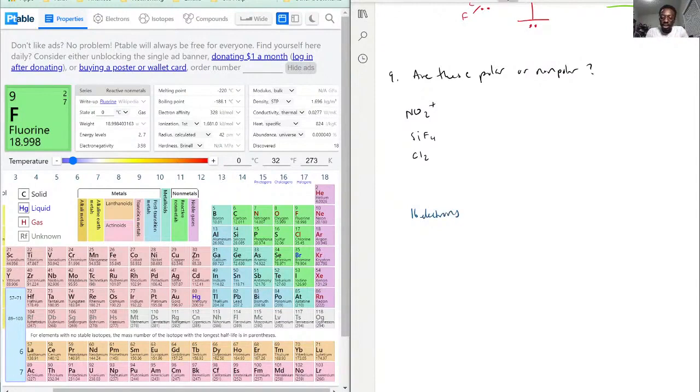Okay, so now I'm going to put nitrogen in the middle, surrounded by the oxygens. Nitrogen is sharing currently 2 of its 5, so 3, 4, 5. Oxygen is sharing 1 of its 6, so 2, 3, 4, 5, 6.